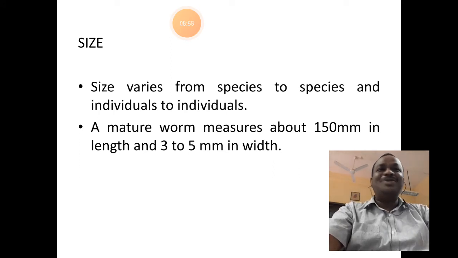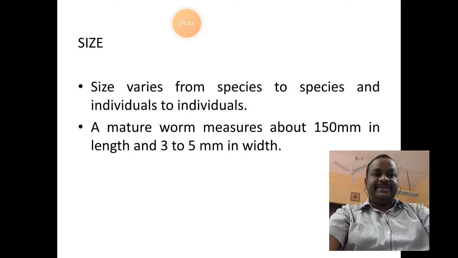It is not 150 centimeters, it is 150 millimeters. I remember this was when we were discussing the general characters and classification of phylum Annelida, where I made a mention of it. Please correct it, students. It is 150 millimeters of length and 3 to 5 millimeters of width.